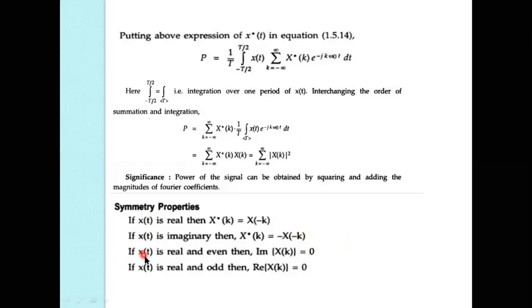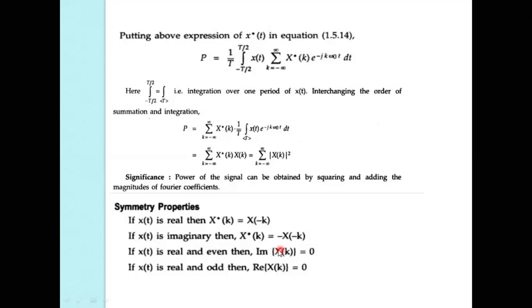Okay. And the third one you can see here: x of t is real and even. It is real, x star of k is equal to x of minus k. If x of t is real and also even, then imaginary of x of k is equal to 0.